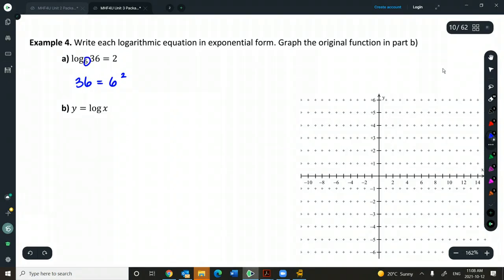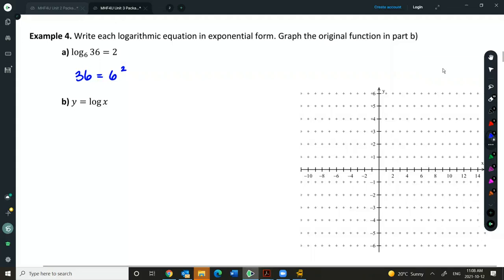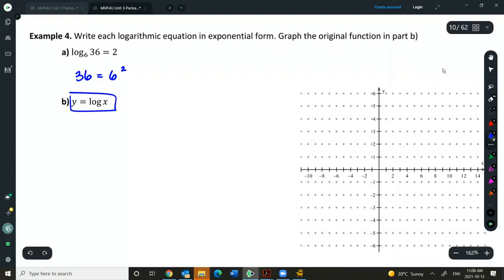So the base of the logarithm becomes the same base here. The answer to the logarithm is the exponent, right? Obviously, guys, if you have numbers here, this should make sense, right? 36 is equal to 6 squared. So perfect.